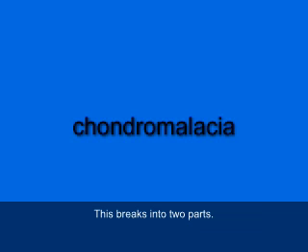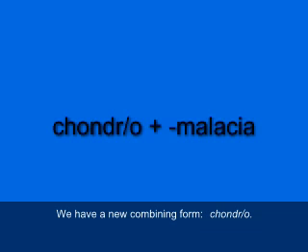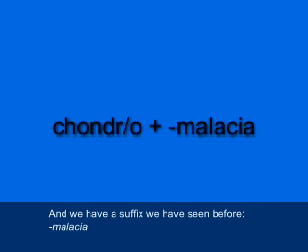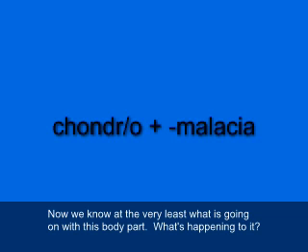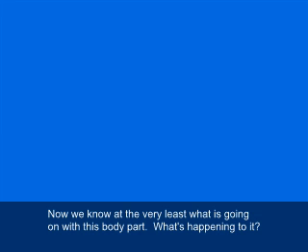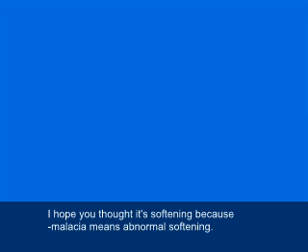We have a new combining form, chondr/o, and we have a suffix we've seen before, malacia. Now, we know that at the very least, what is going on with this body part? What's happening to it? I hope you thought it's softening, because malacia means abnormal softening.